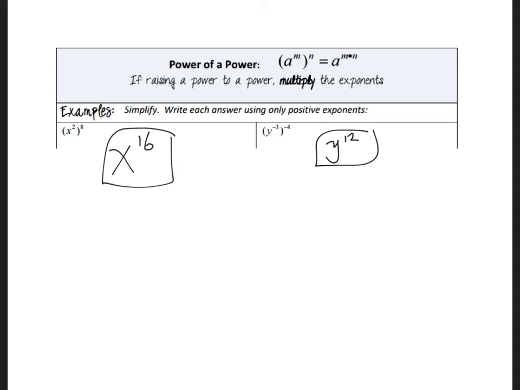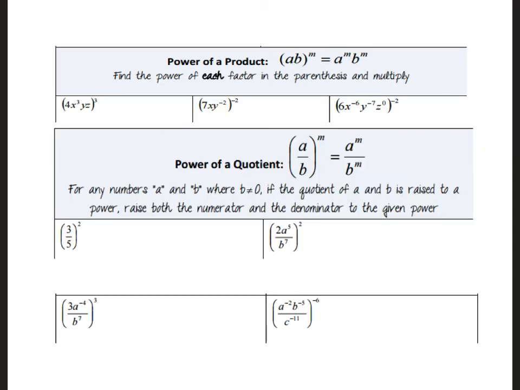Okay, now let's move on. This one here is the power of a product. If you have a and b in parentheses raised to m, it is the same as a to power m and b to power m. If I have this example here, I'm not going to do all the examples, I'm just going to do one.